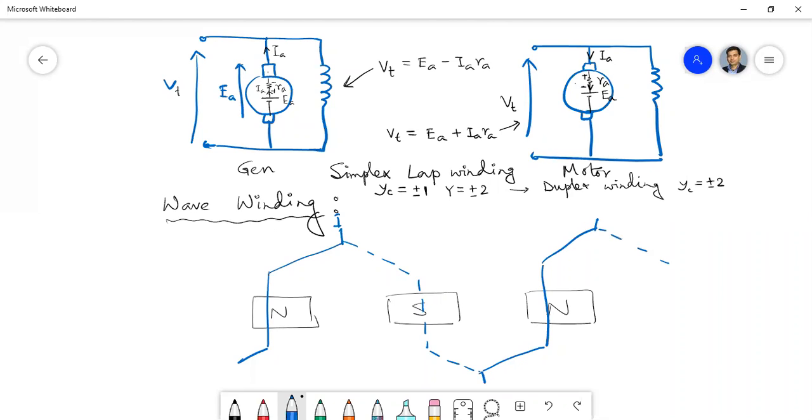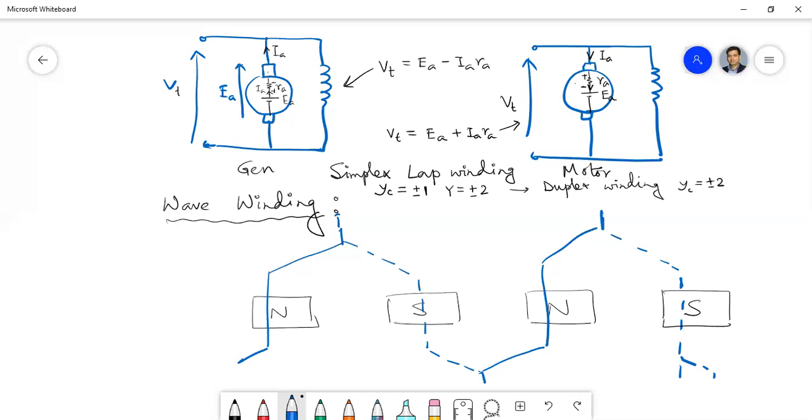Another pole face you can also draw here. So like this, it's kind of a wave.